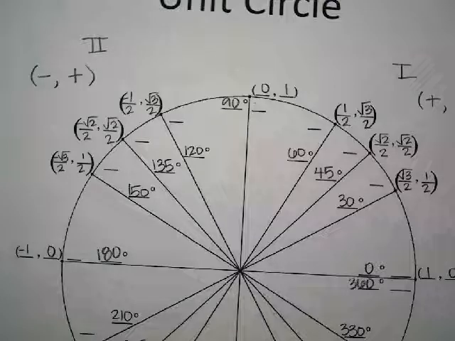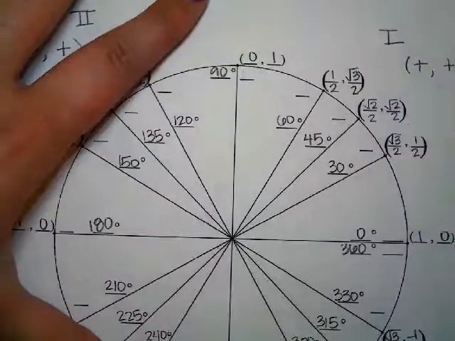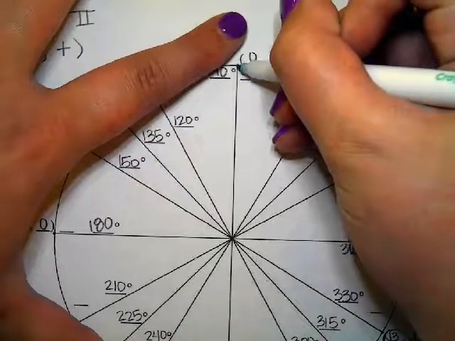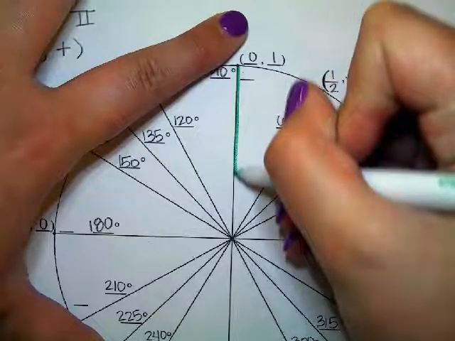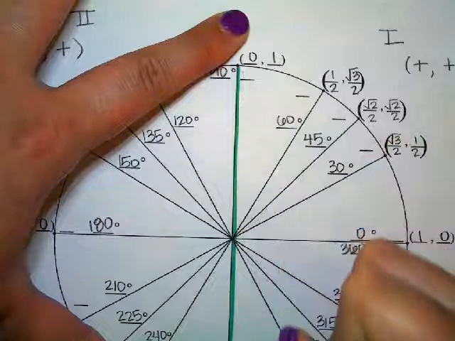All right, so we're going to start with our first color. It doesn't matter what color you choose. We are going to take that color and go down the y-axis, and we are going to go down the x-axis.